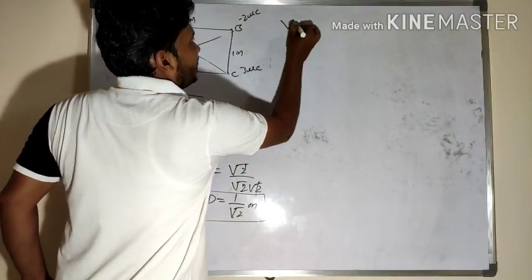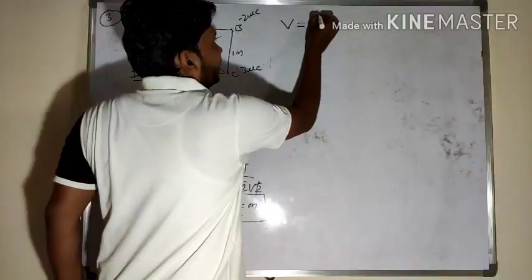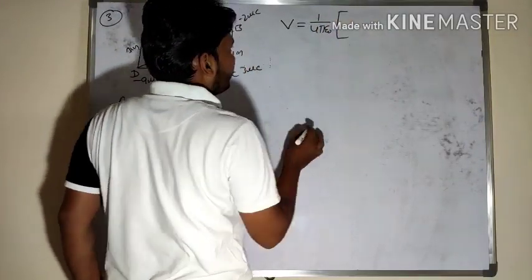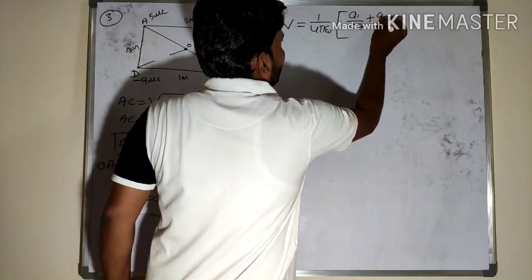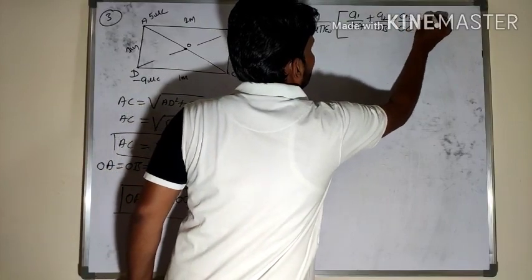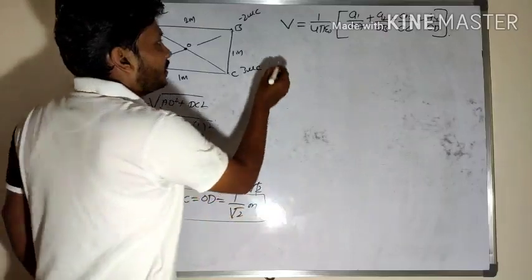So V is equal to, what is the formula for electrostatic potential due to a point charge? 1 by 4 pi epsilon naught into Q1 by O to A, Q2 by O to B plus Q3 by O to C plus Q4 by O to D here.